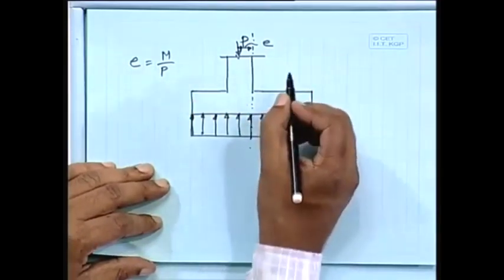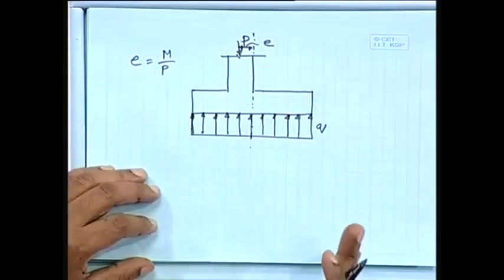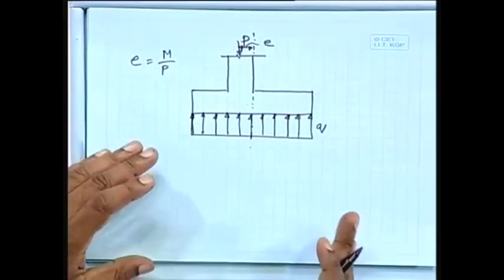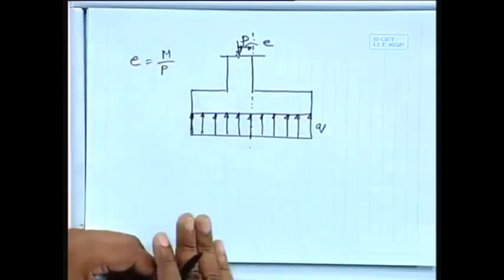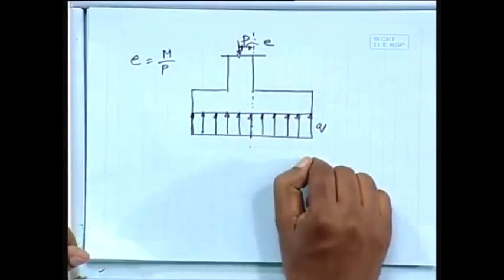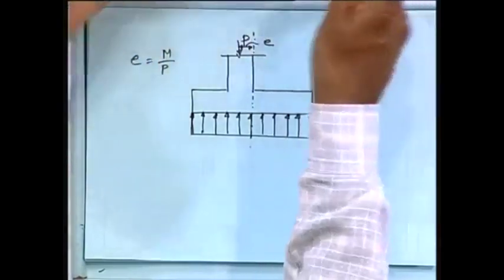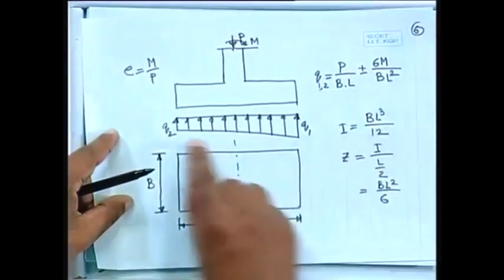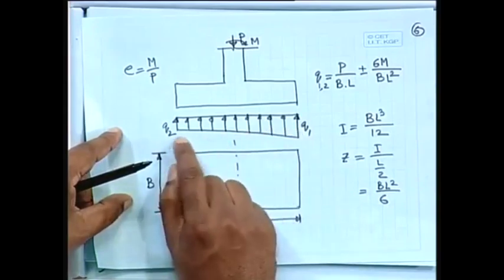We generally keep the center line of the column and center line of the footing same. In this case we are getting uniform soil pressure, whereas in the other case, the one I have told, we are getting one side maximum, other side less.